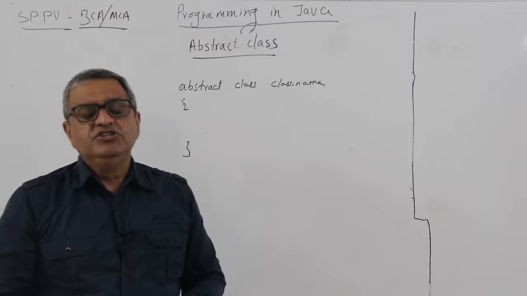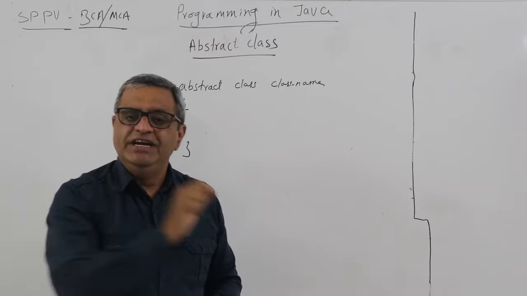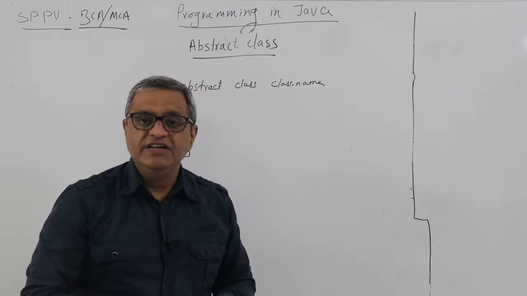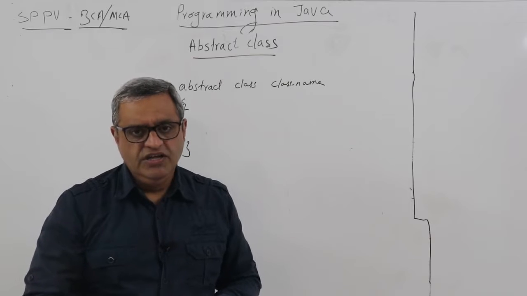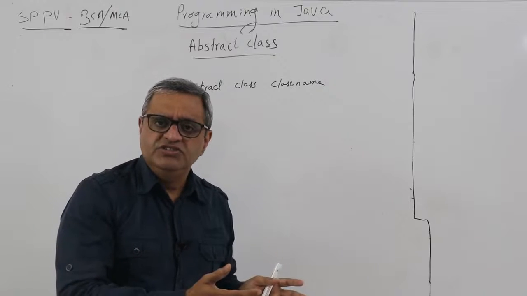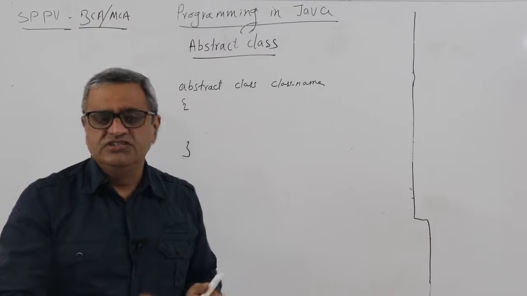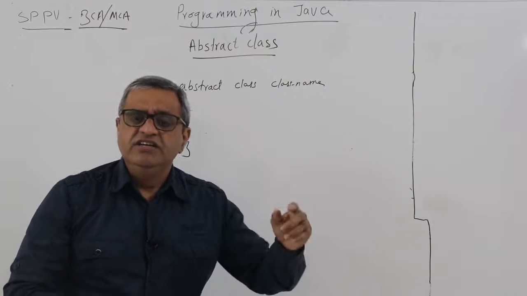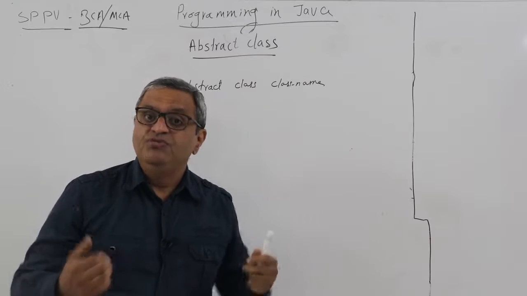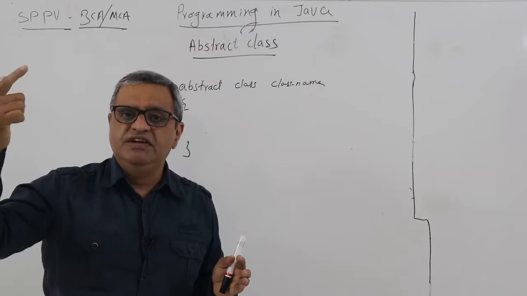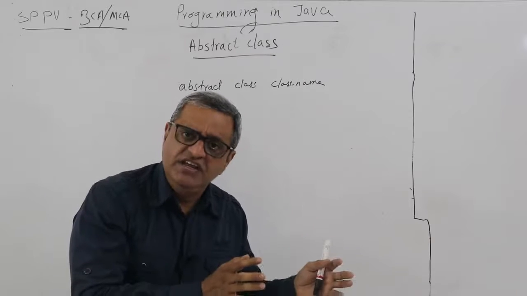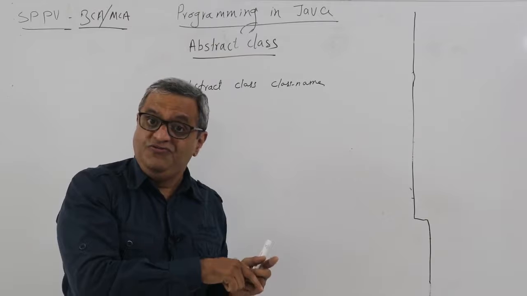Remember one thing: just similar to interfaces, abstract classes cannot be instantiated. The way interfaces cannot be instantiated, similarly abstract classes cannot be instantiated. In case of interfaces, we have to write a class which actually implements the interface, and then we create an object of that type of class.